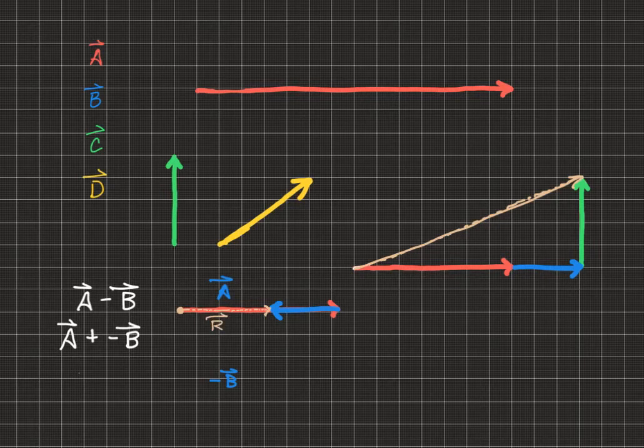So let's move to the top and let's combine A and negative D. Your first question should be, well, what is negative D? Negative D is what we get when we reverse the direction of D. So instead of going up to the right, it's going to go down to the left.